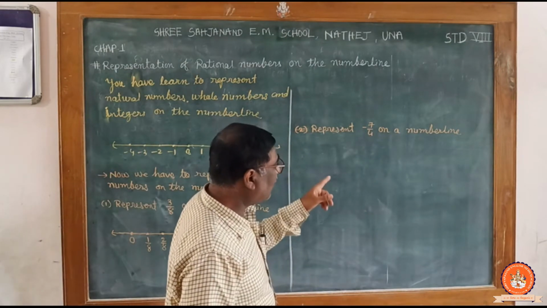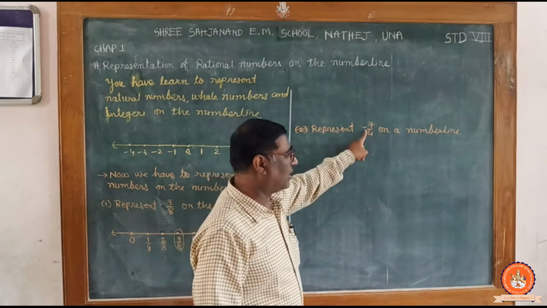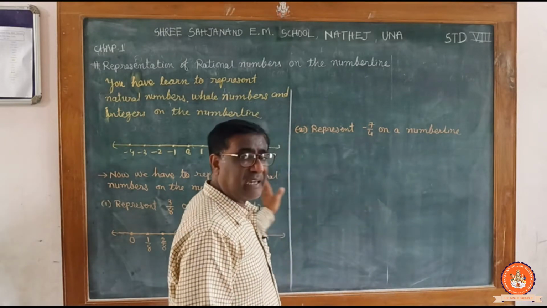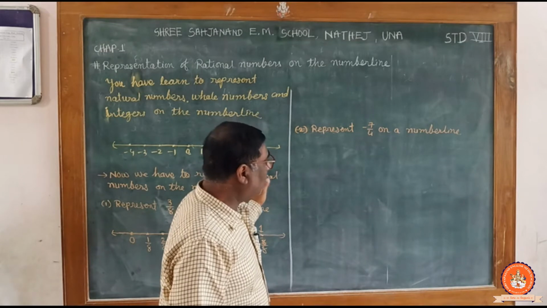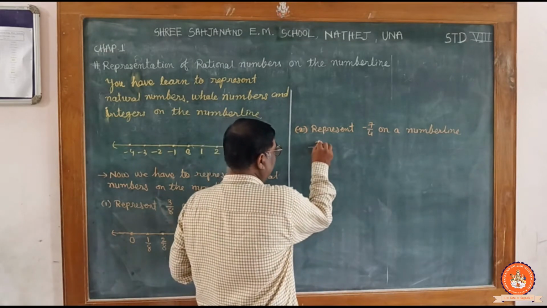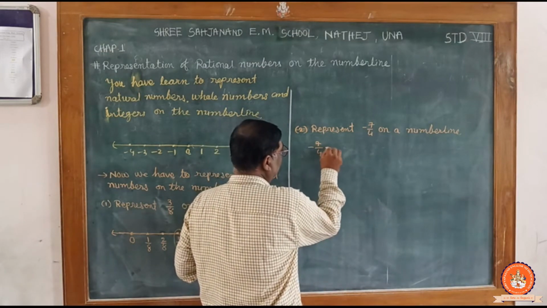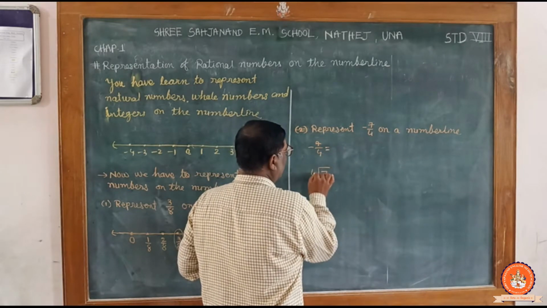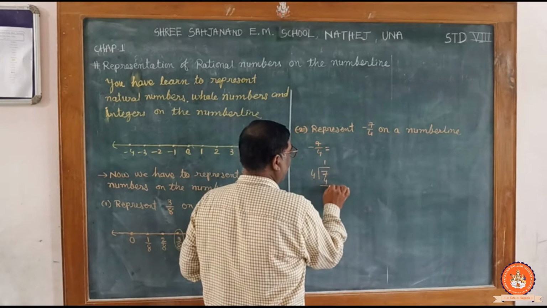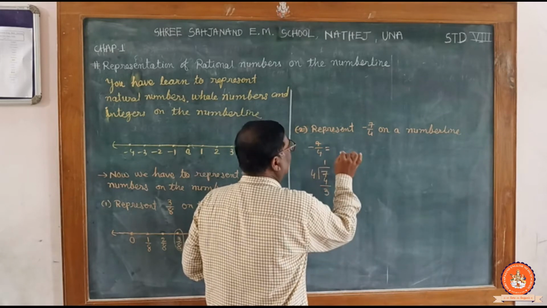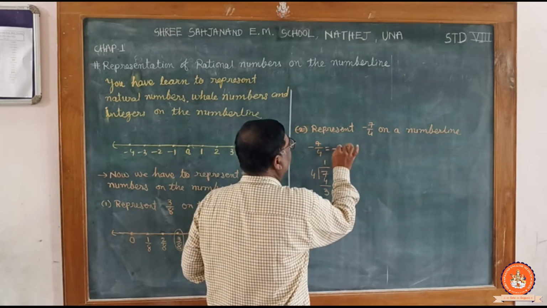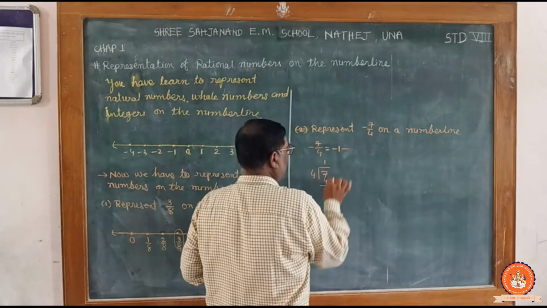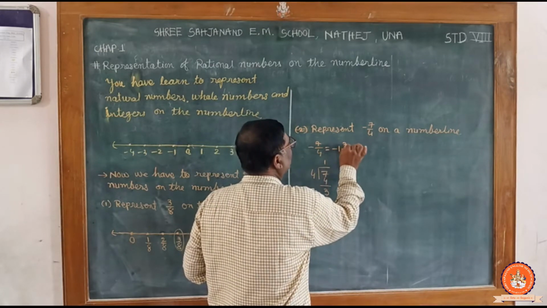Okay. So first of all, it's a negative number. So it will be to the left hand side of 0. Moreover, minus 7 by 4 is equal to, divide 7 by 4. 4 ones are 4 and the remainder is 3. So it's equal to minus 1 whole 3 by 4.